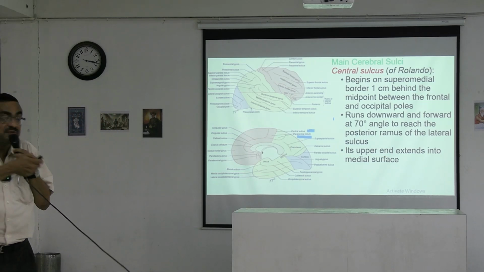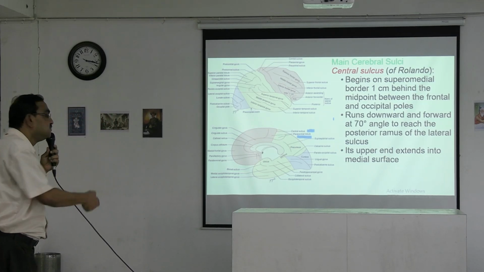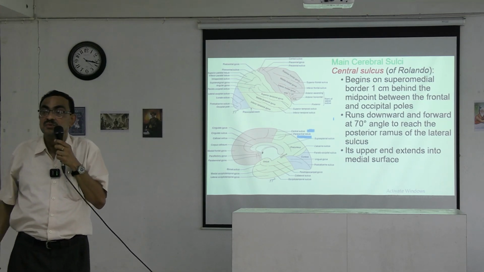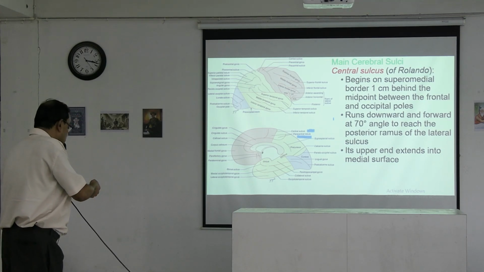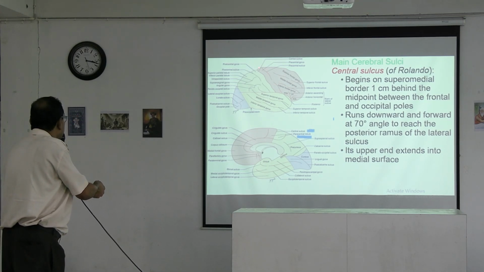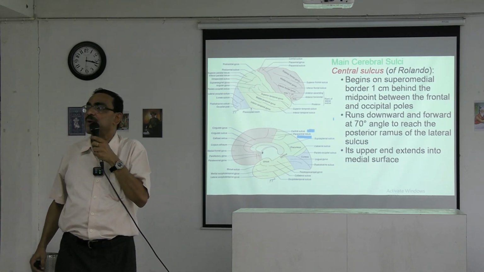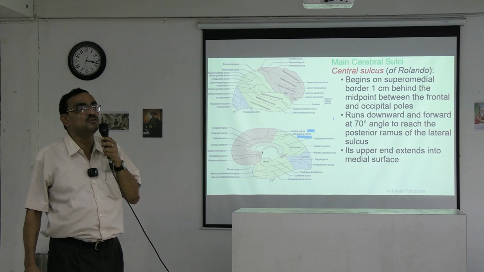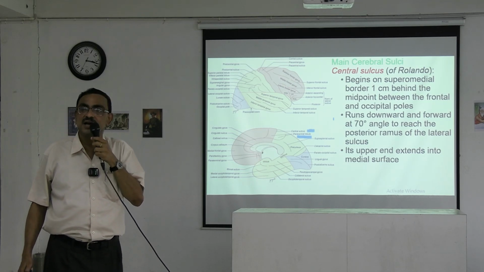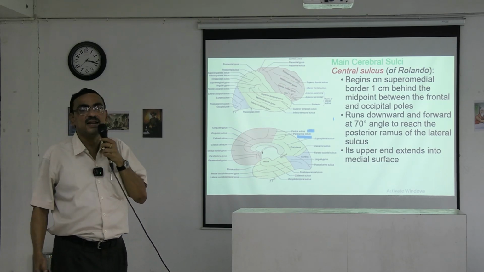So this paracentral lobule, I told you, this is the motor area and this is the sensory area. You can imagine one person is lying down and doing Sirsasana in the motor area.